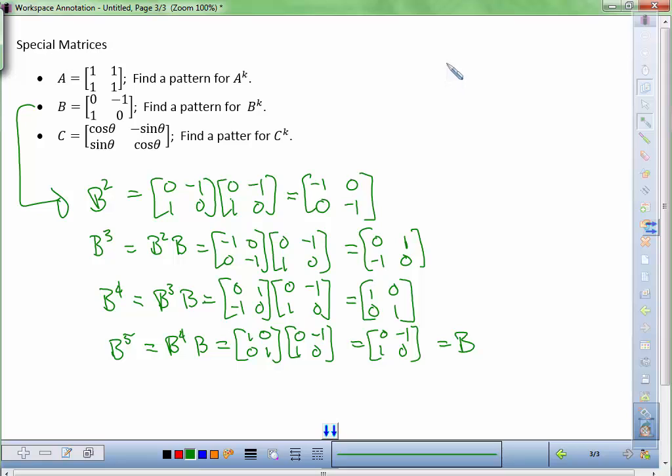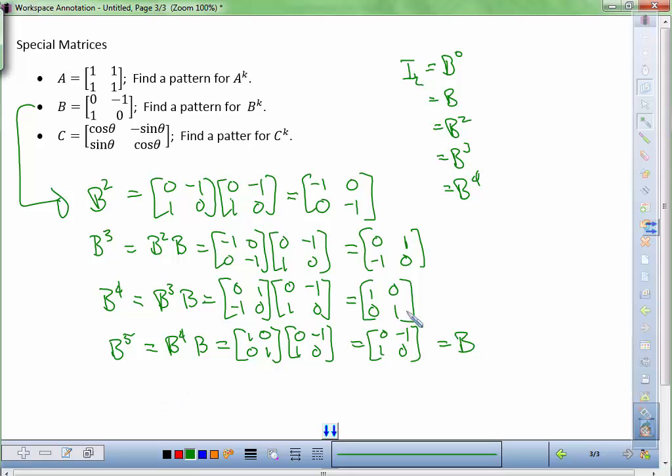So let's take a look at B again. B to the 0, which is the identity matrix. B, B squared, B cubed, B to the fourth.